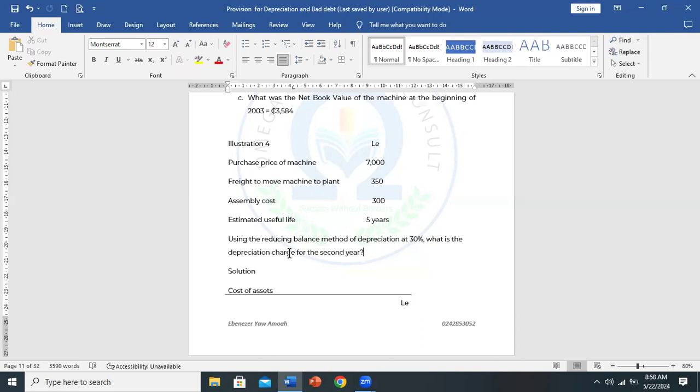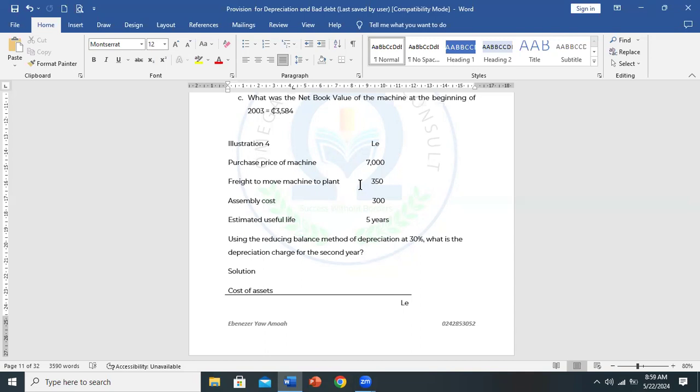So in this illustration, you see that we are given the purchase price of the machine, 7,000. We are also given freight to move the machine to plant. So this is a transportation. Freight is an insurance against carrying goods on the sea, right? So it is a transportation of the machine from the manufacturer to the business plant.